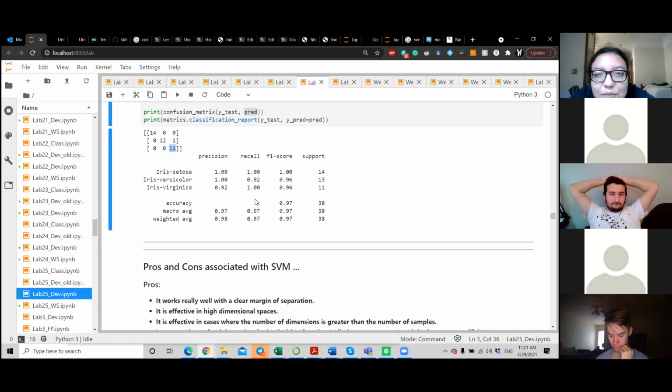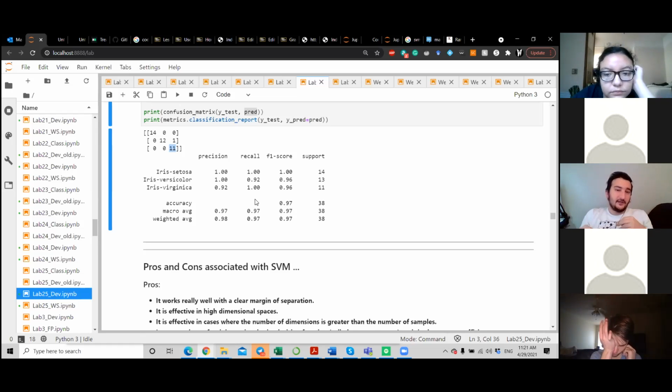So we're supposed to be comparing the different kernel types? No. In the previous sessions we have used different classifiers on the same problem, and now that we have used support vector machine, I wanted some of you to go and check whether this is doing better than the other models or the same.